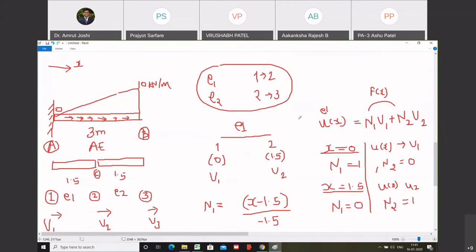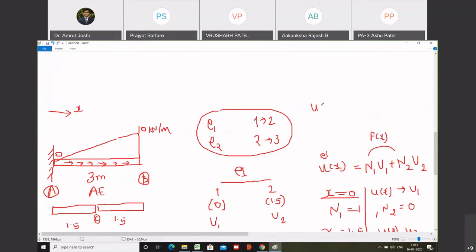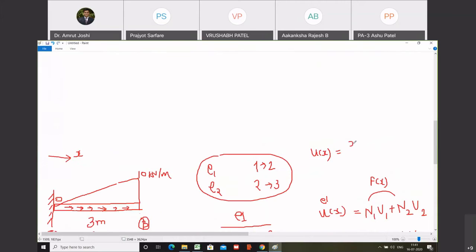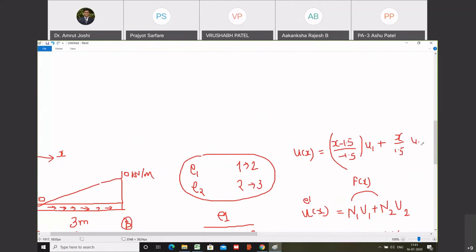Now, can I express u of x as, look, u of x equal to n1 u1, that is, x minus 1.5 upon minus 1.5 times u1, plus x upon 1.5 times u2? x minus 0, do you agree?